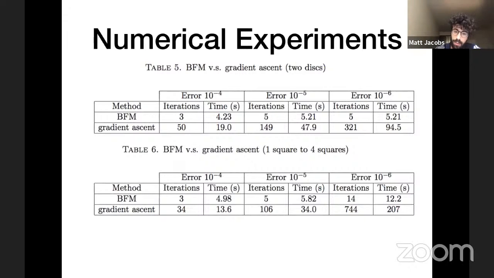You can see you need way more gradient steps to get the same level of error. And so this idea of working with both problems, I think, is something that's very important in general and should accelerate your method regardless of the setting that you're working in.